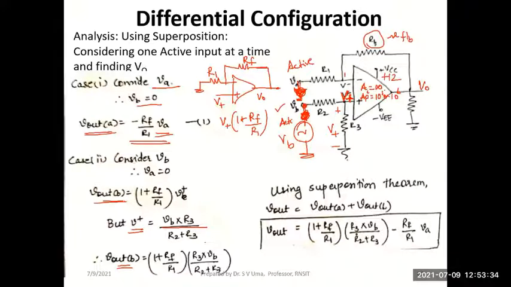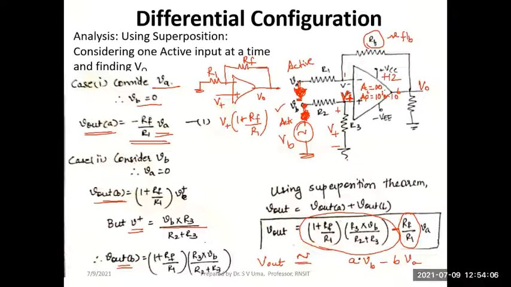So here, as you can see, this can be approximated as, if I call all this as say A into VB minus, if I call this ratio as B into VA. So I can say I'm getting the output voltage expression to be a scaled difference between the two inputs.